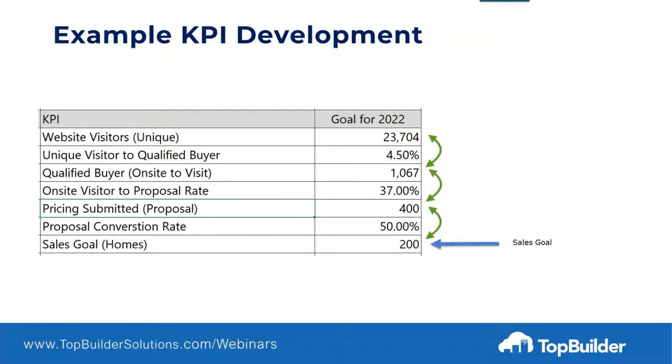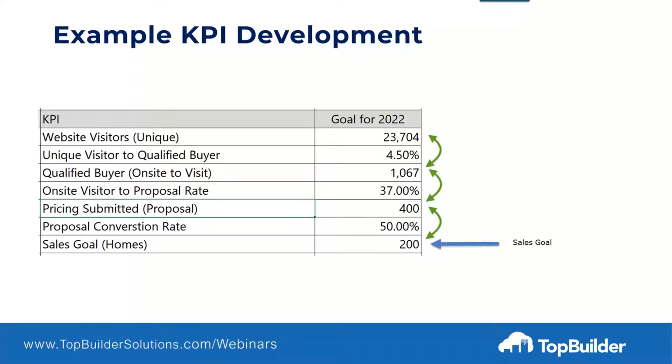And historically, using the data we have in your CRM or other sources, we know that if we get to the point where we're submitting pricing to the customer, where they're excited enough about the home, they qualify for the home, we'll convert about 50% of those to an actual sale. Okay, so our goal then for the year is to submit 400 proposals or 400 price agreements, if we could call it that.